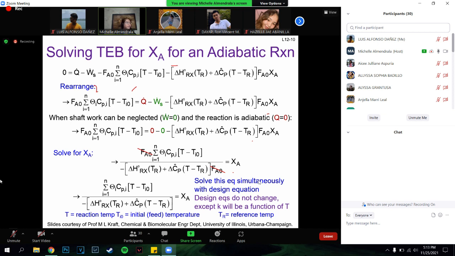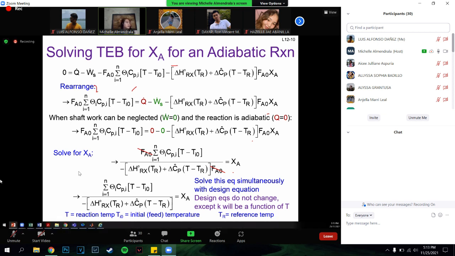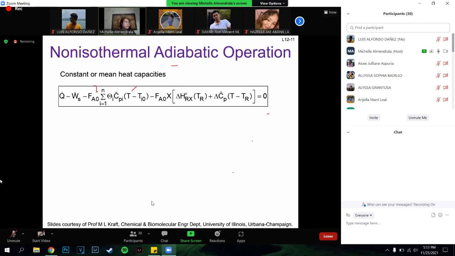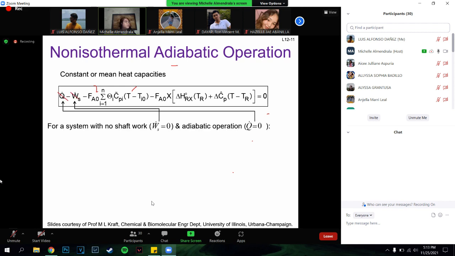So of course, most of the time, this delta CP term here will cancel. It will be negligible for most cases, so that the final equation will be simpler in terms of the T-X relationship. So you have again constant or mean heat capacities. Shaft work is zero.